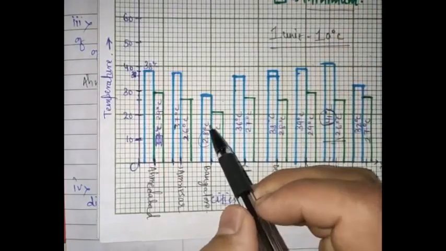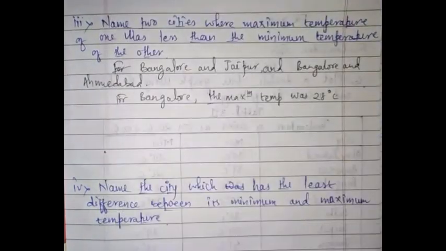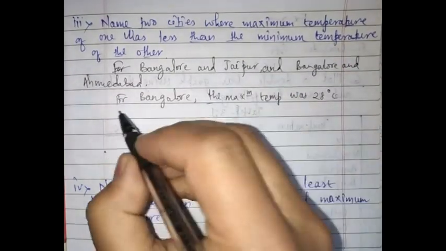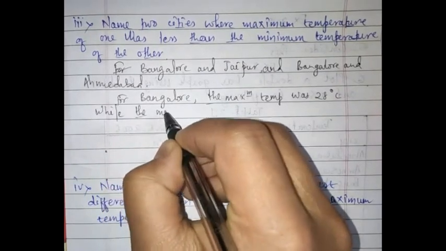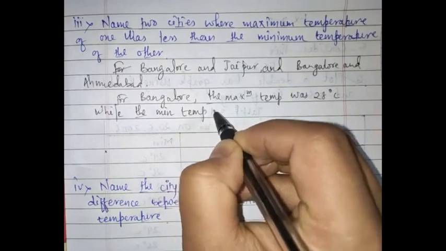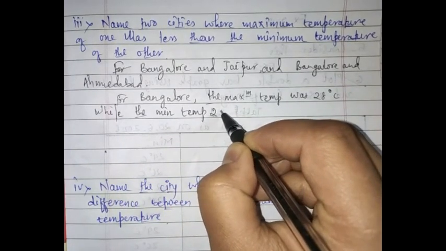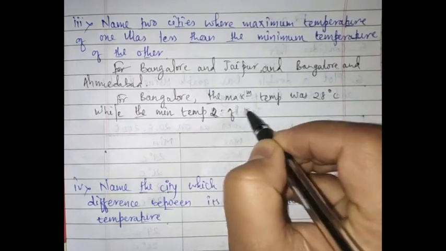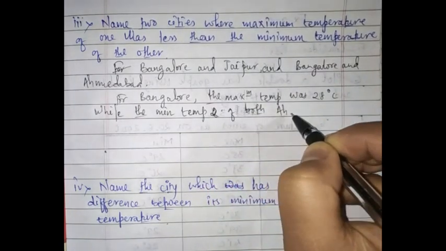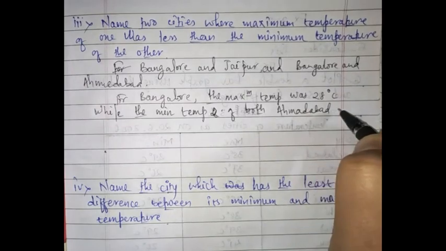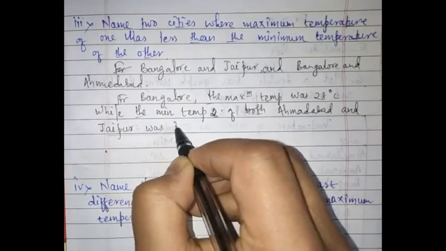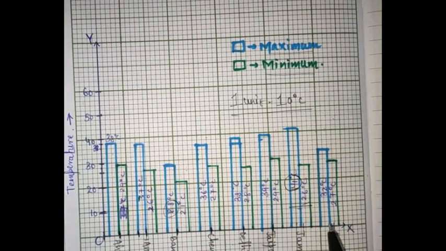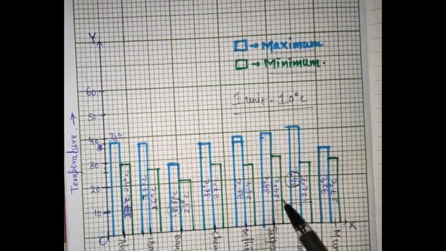Just see, the maximum temperature is 28 degrees Celsius, while the minimum temperature of both Ahmedabad and Jaipur was 29 degrees Celsius. That's why we have included these two. In Jaipur the minimum temperature is 29 degrees Celsius.